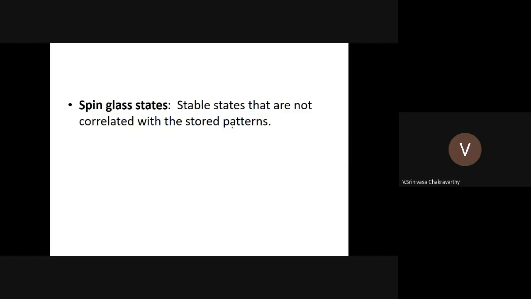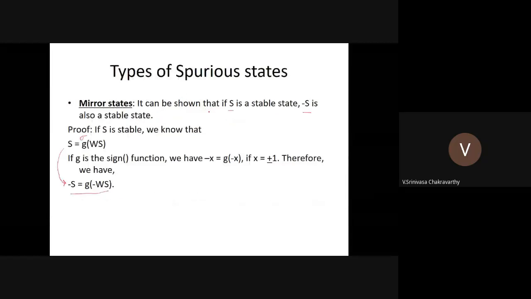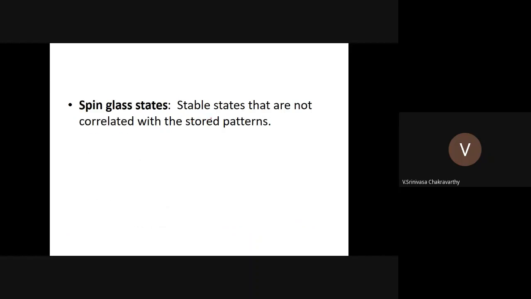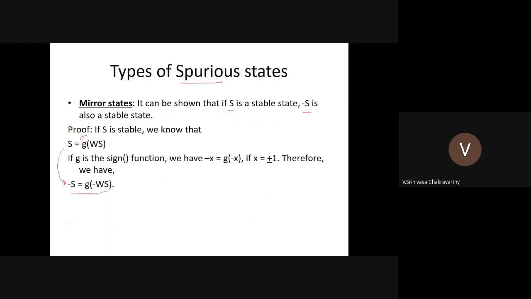Both the mixture states and the mirror states are correlated with the stored patterns. But in addition, you have stable states which are uncorrelated with the stored patterns for large networks. These are called spin glass states. So you have so many other states which are not stored states, but which are stable. All these irrelevant, unnecessary states are called spurious states. This is a big problem with the Hopfield network.